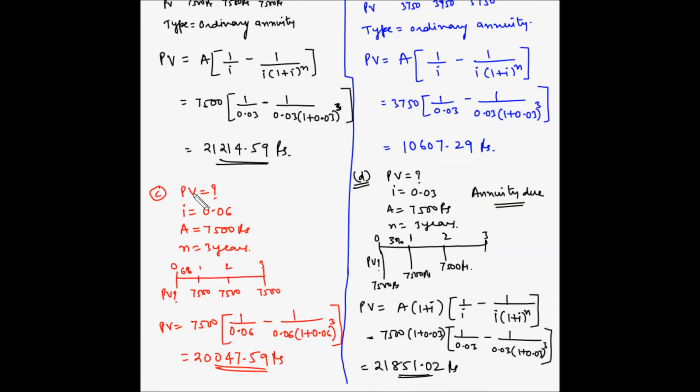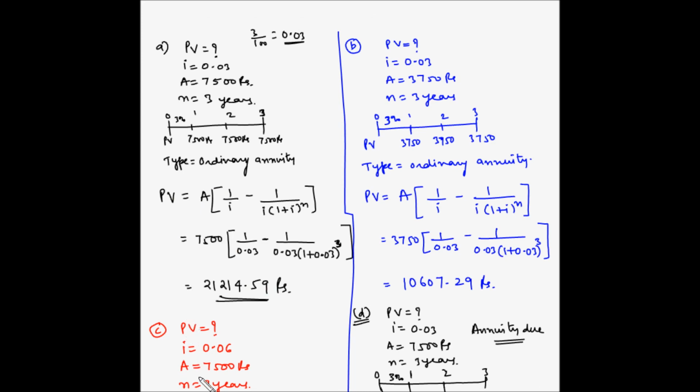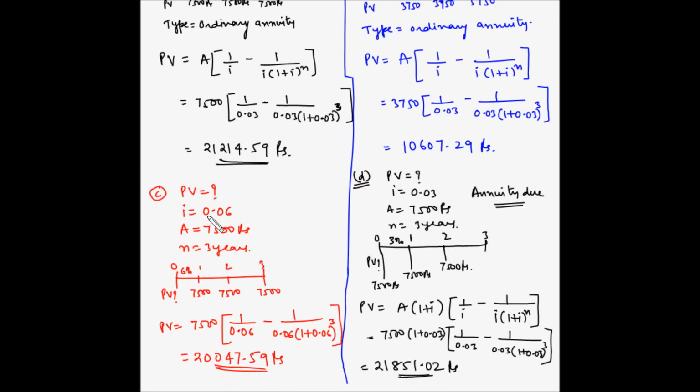Now let's look at part C. So in part C, everything was same as part A, but the interest rate that we were getting from the bank was higher, which is 6%. So of course, if the interest rate is higher, the original amount that we have to deposit should be lower, because we are earning more over the period of the next 3 years. So if you see in part A, the present value is 21,214, whereas in part C, the present value needed is 20,047.59 rupees.